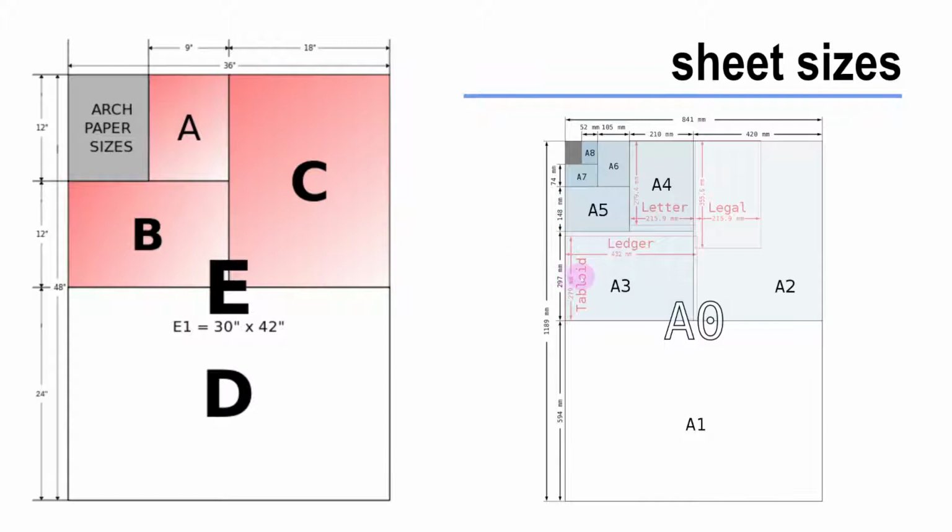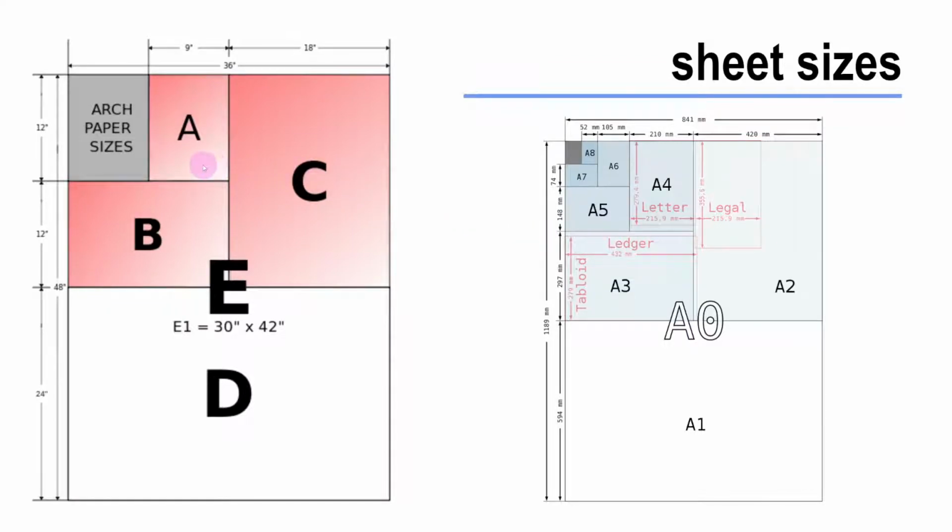And then they can just be sorted out exponentially from there. So two pieces of letter make a tabloid, and then two tabloids can make a size A2 sheet, and so on and so on. And that's just one family of paper type you can find.